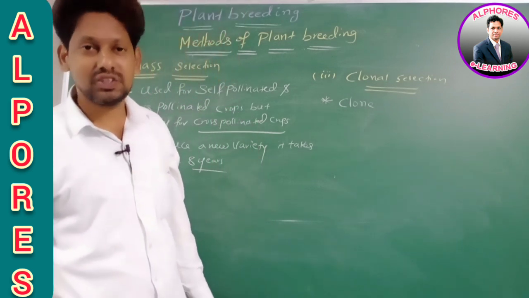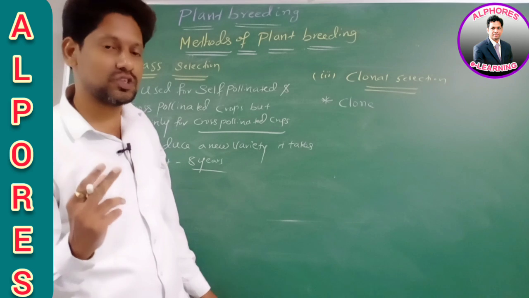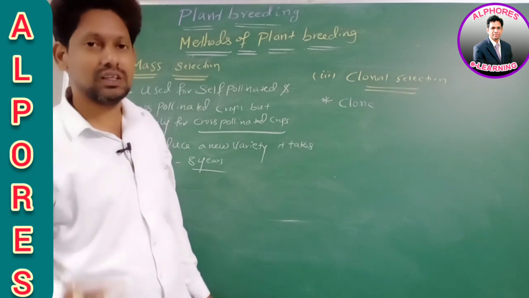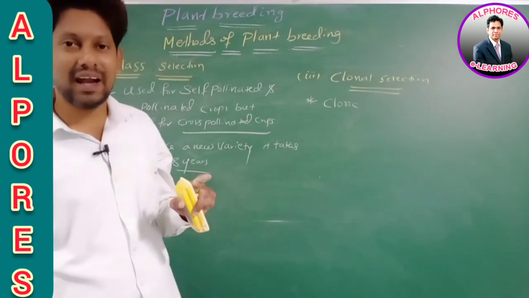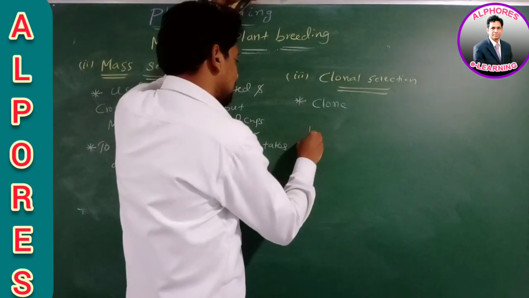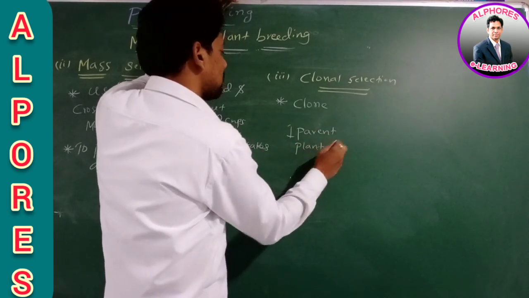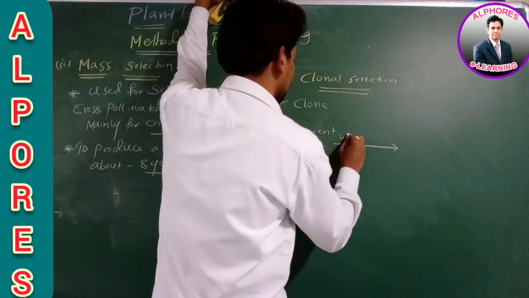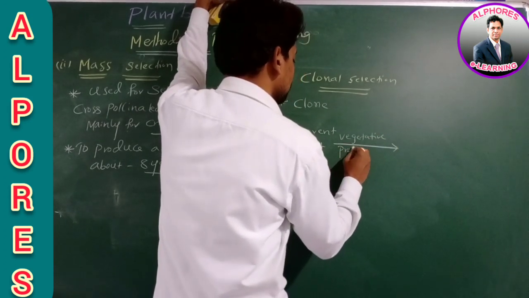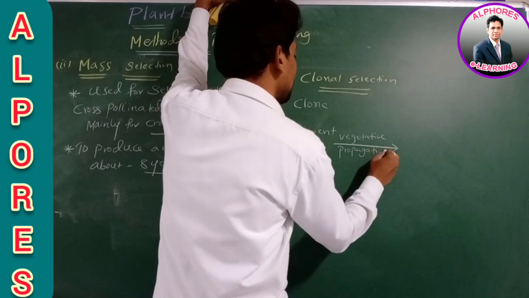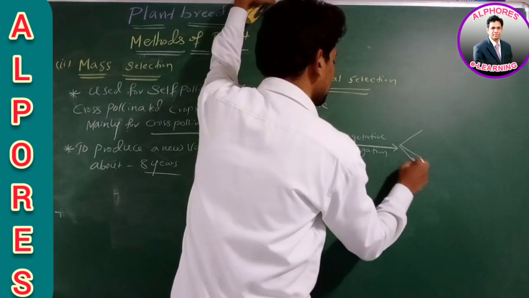If that plant produces 4 offsprings, those 4 offsprings together form one clone. Take one parent plant which is undergoing vegetative propagation.